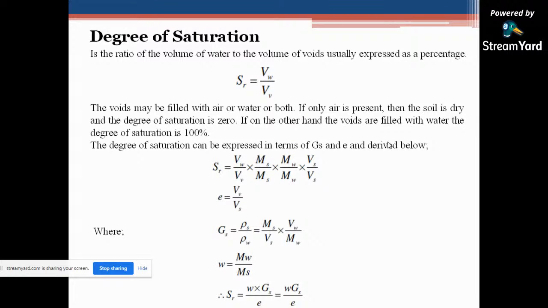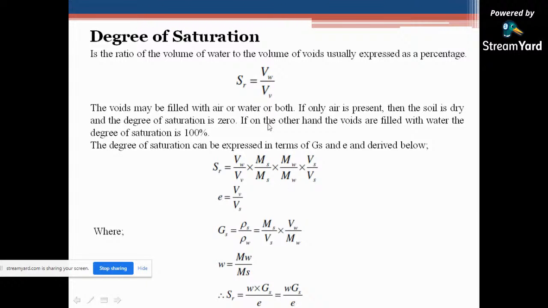Then degree of saturation is the ratio of the volume of water upon the volume of voids. We have already done this expression in the earlier class; if you do the total derivation, then you get Sr equals wG upon e.